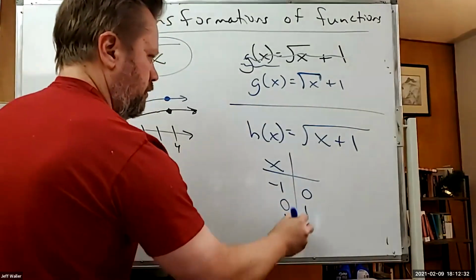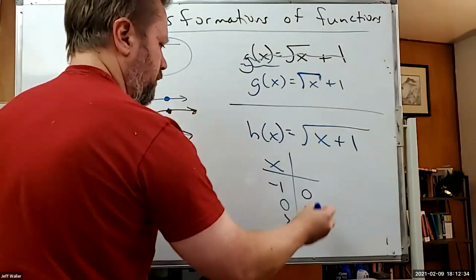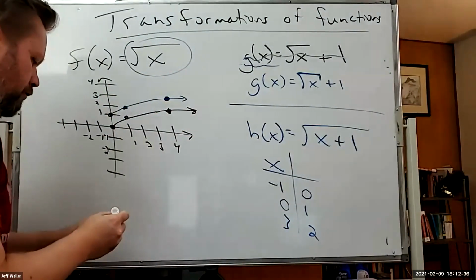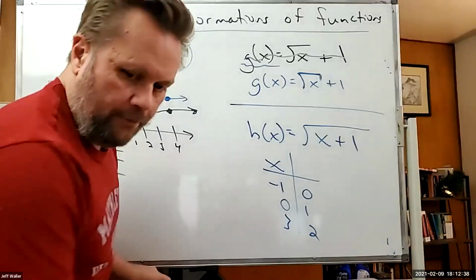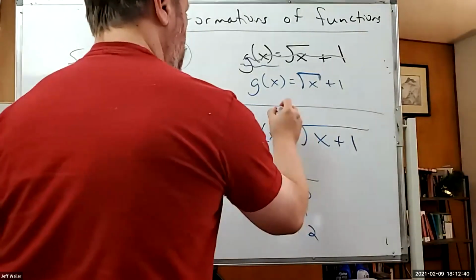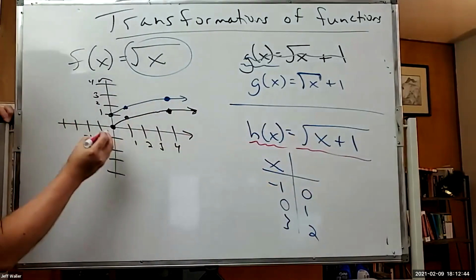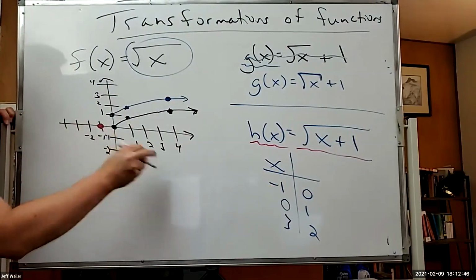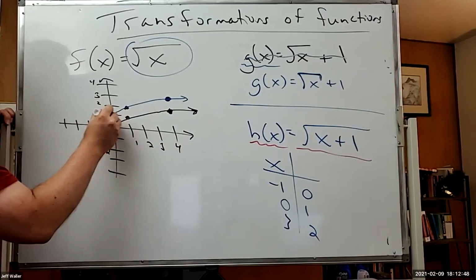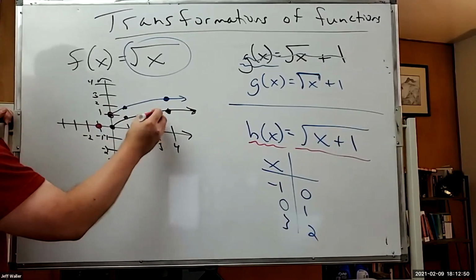So 3 plus 1 is 4, square root of 4 is 2. So what did that do? My color coding went out the window. Is my pink working? Yeah, so we'll do this in pink. So -1, 0; 0, 1; and 3, 2.